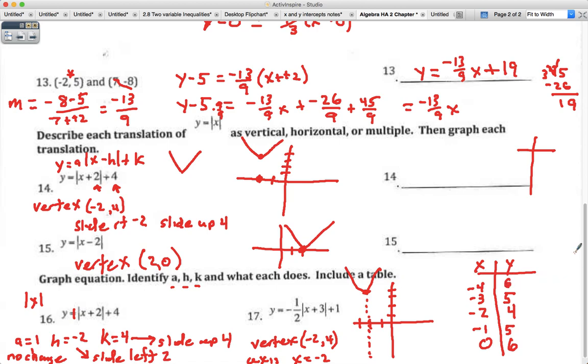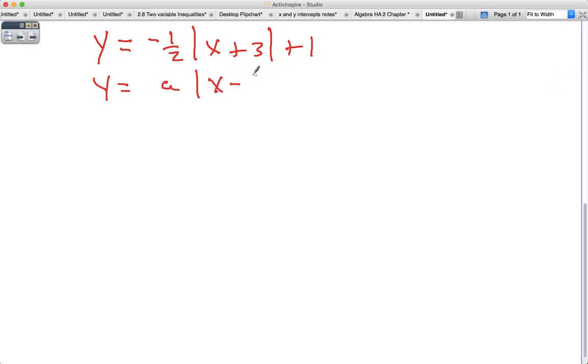Okay, let's do 17 now, which is -1/2 |x + 3| + 1. So let's go to another page. Let's go y equals -1/2 |x + 3| + 1. If I write the general equation for the absolute value, it's a|x - h| + k.